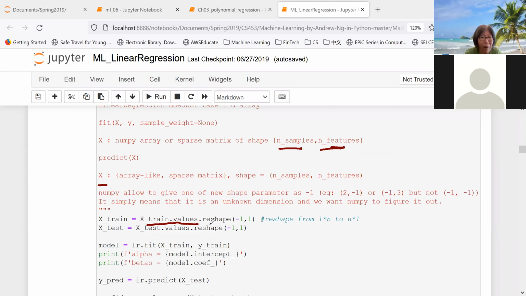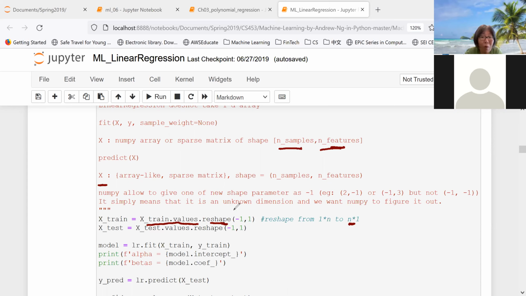We get their values and call reshape. With this reshape, it goes from one dimension to two dimensions.